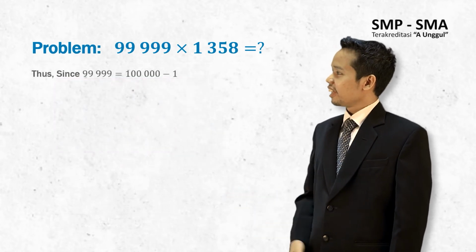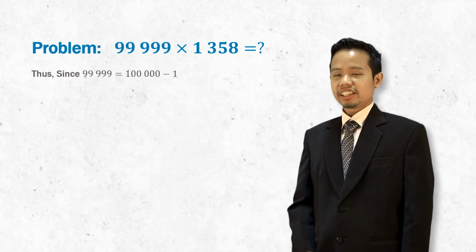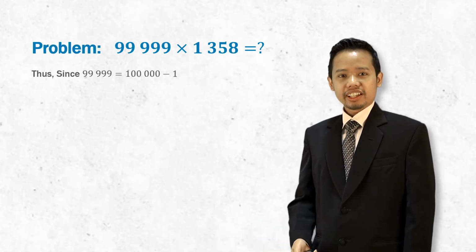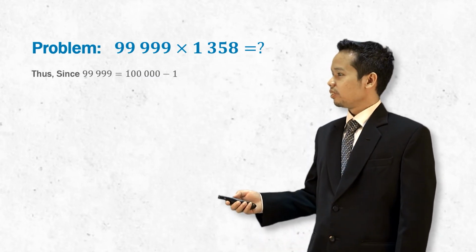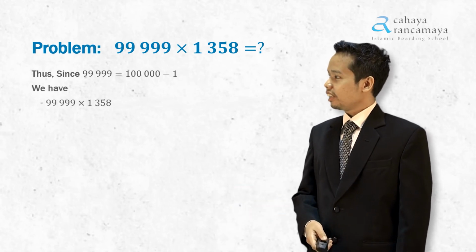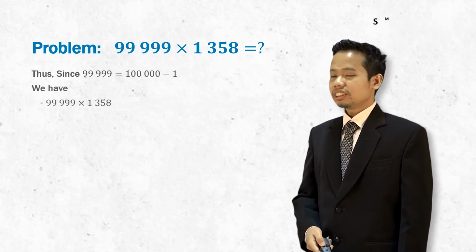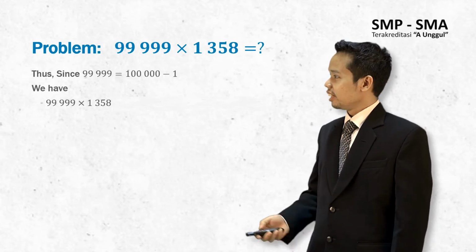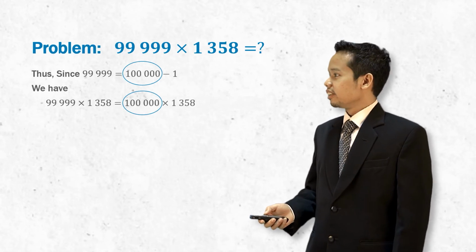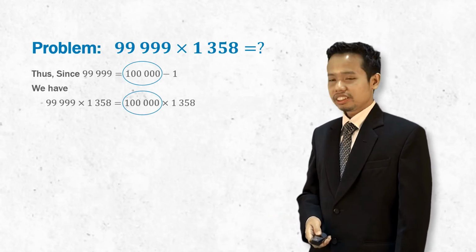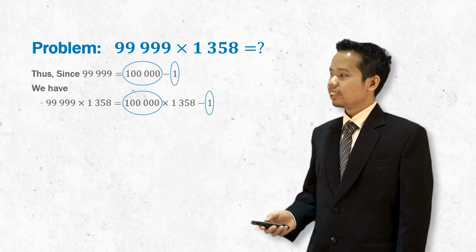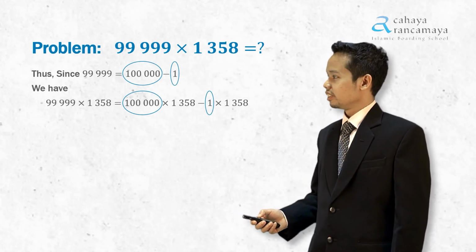We know that 99,999 is equal to 100,000 minus 1, and from the rectangles we also have that 99,999 times 1,358 is equal to 100,000 times 1,358 minus 1 times 1,358.